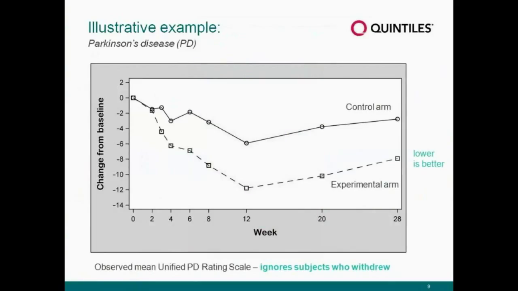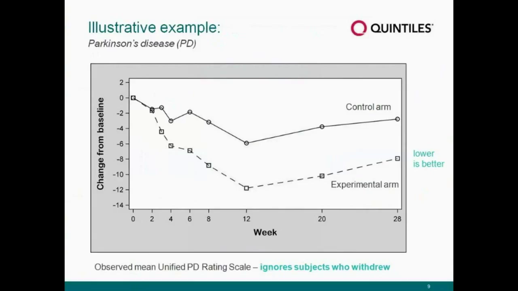So here's simply a plot of the mean efficacy scores in an illustrative Parkinson's disease data set. The vertical axis is an efficacy score, perhaps the UPDRS or a subscore, and the horizontal axis is time in weeks.